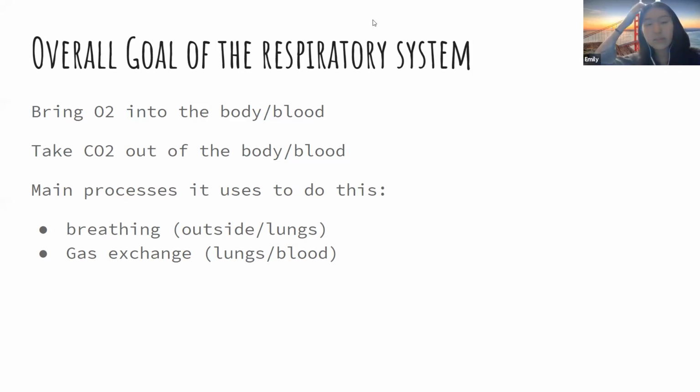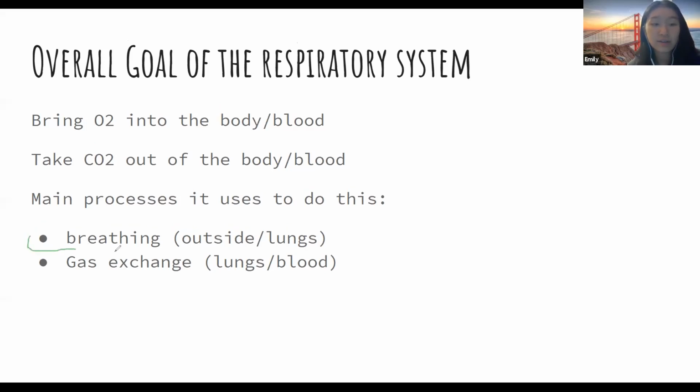And the respiratory system accomplishes this by two main processes. One is breathing, as you are very familiar with, which is transporting gas from the outside world, the external environment outside of our bodies, into the lungs.